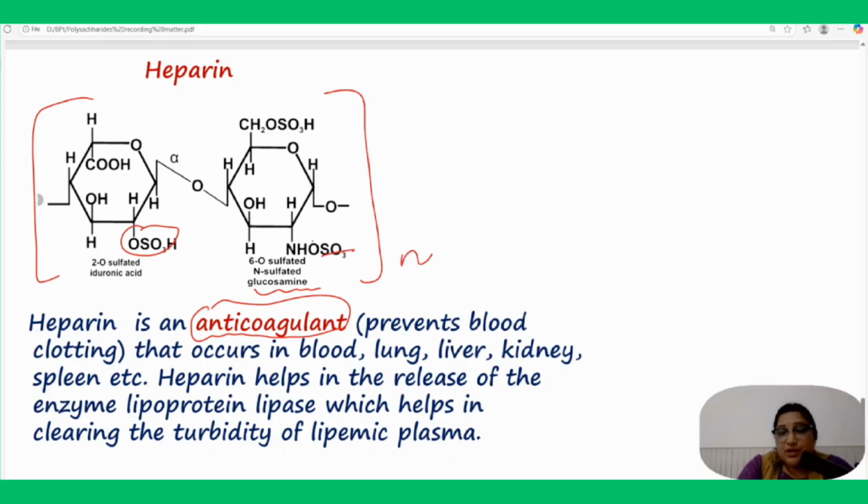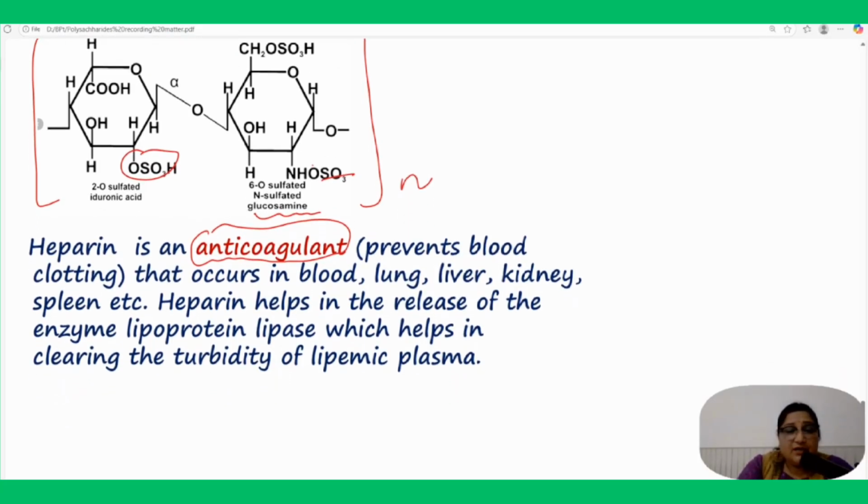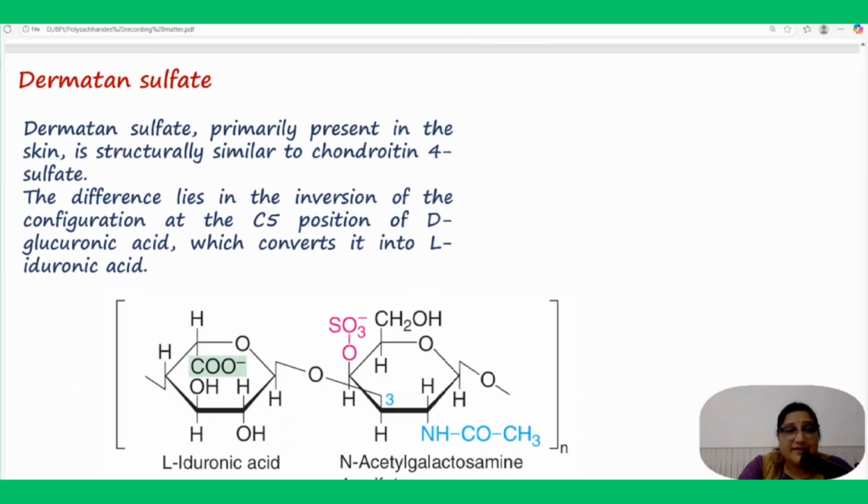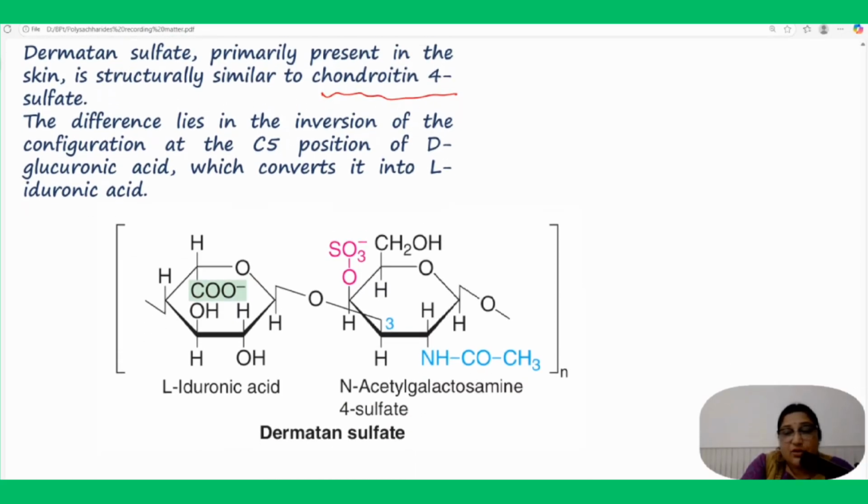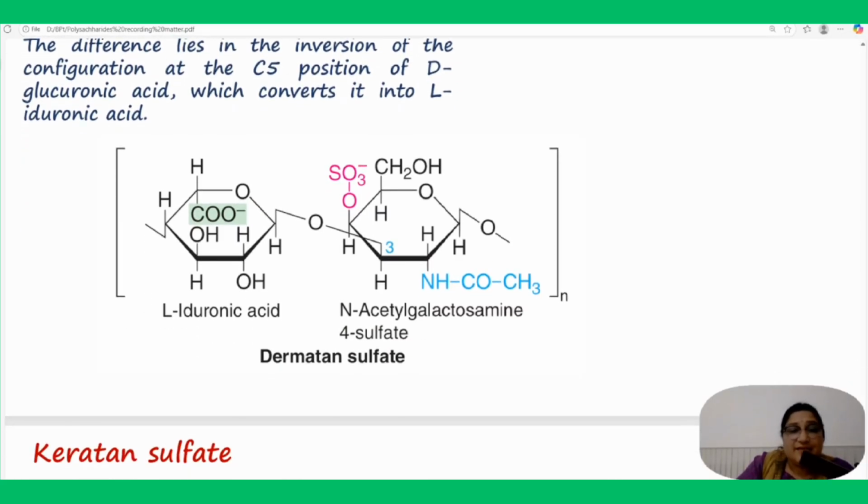Okay, so now here we move on to the dermatan sulfate. Dermatan sulfate is present in the skin, the dermis of the skin, as the name indicates, and the structure is similar to the chondroitin 4 sulfate. Where is the difference?